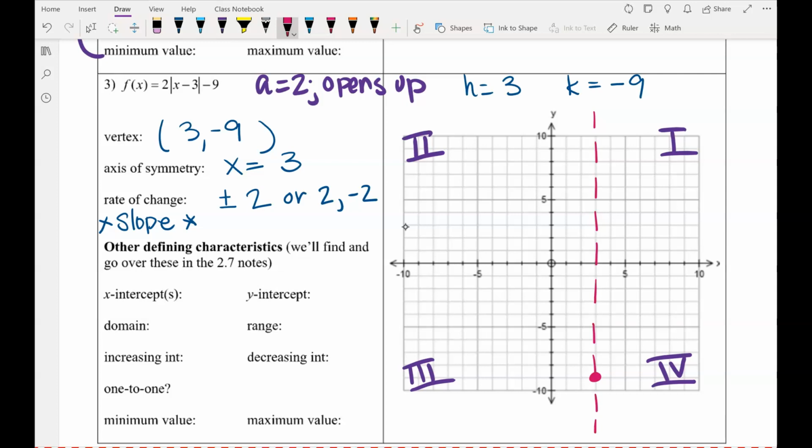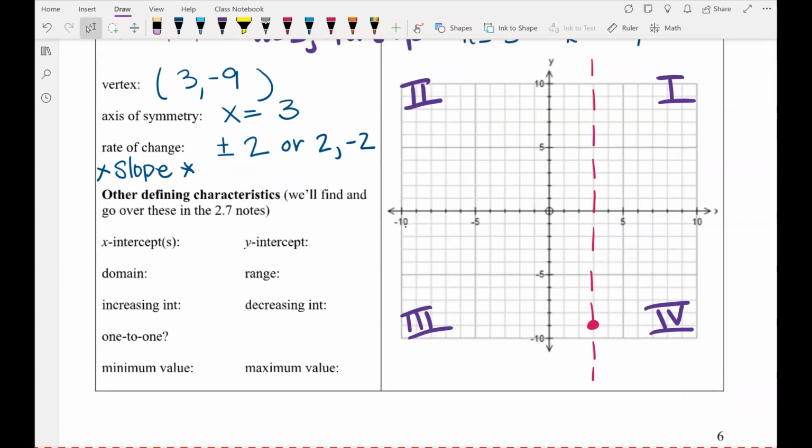The slope. Lonnie, what are the slopes again? 2. Good. If I don't have a denominator, what is it always? 1. So if we use 2 first, we can go up 2, right 1. Up 2, right 1. Up 2, right 1. I normally do a lot of dots because I want my line to be straight. Remember, you can also have a -2 slope.